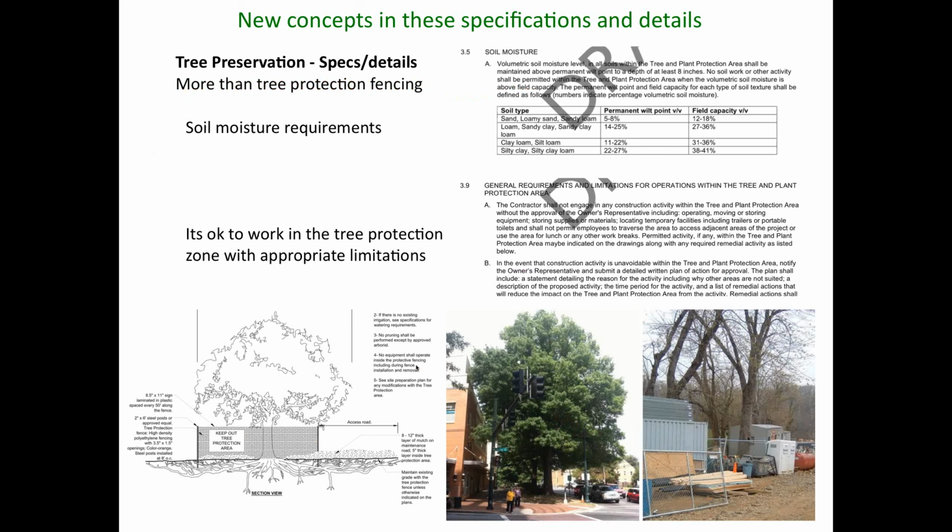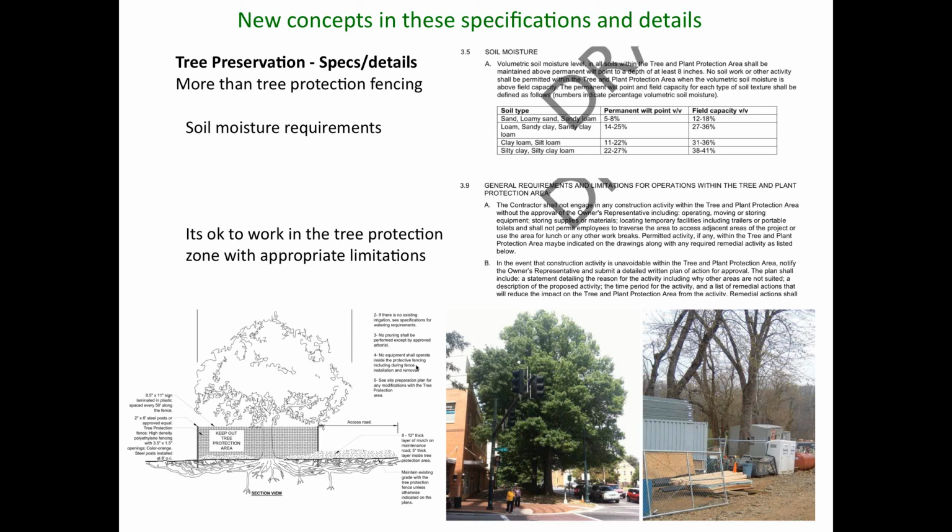On the tree preservation specification, I'm going to point out this soil moisture box that we've added. This soil moisture box is in the plant, the soil, and the tree preservation sections, because most often the specs will simply talk about keeping the plant hydrated or use some very vague language.